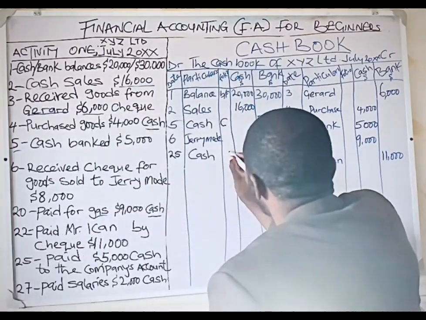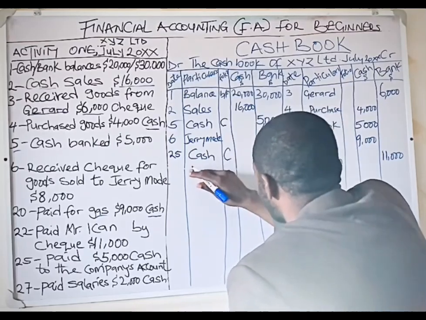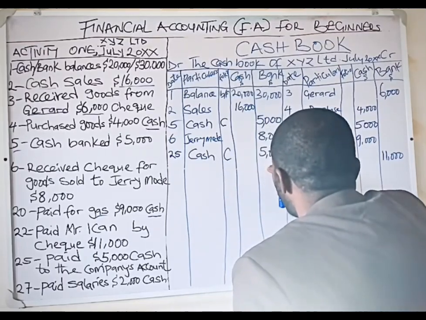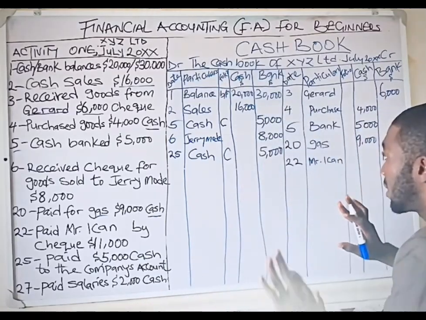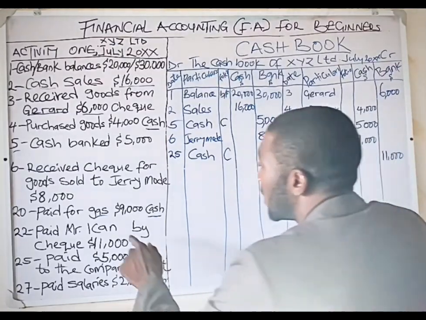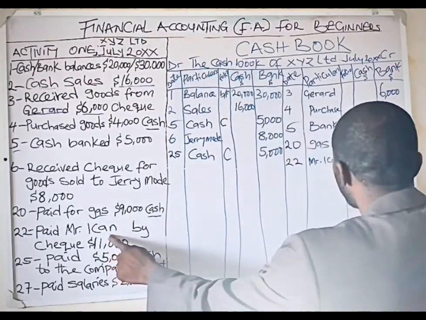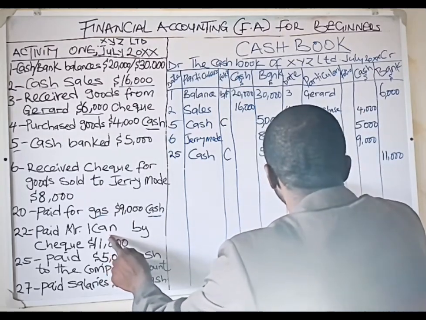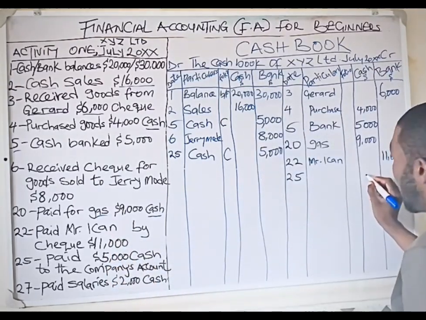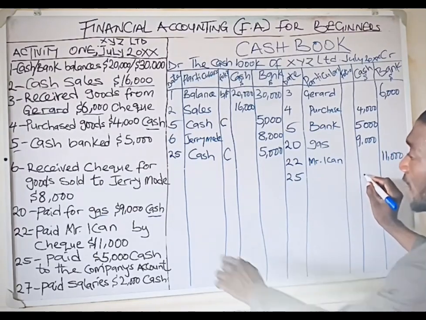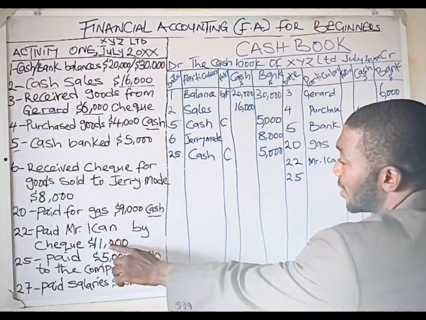So you put your contra entry sign to show that this transaction is a contra entry. It has balanced each other off. The money did not go out. It's still with us. Now, cash is going on the 25th of July. Your cash is going out of $5,000.